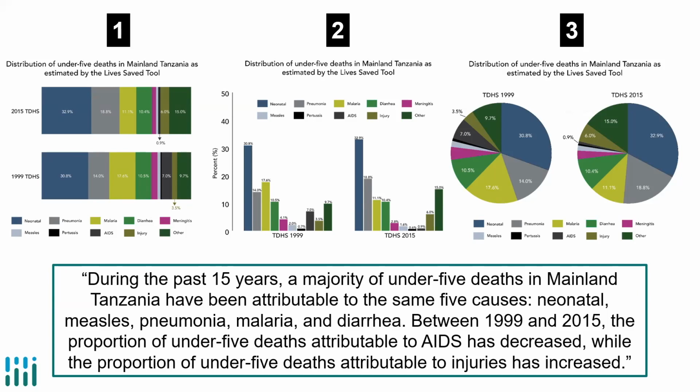In this scenario, we wanted to communicate the key message: during the past 15 years, a majority of under 5 deaths in mainland Tanzania have been attributable to the same 5 causes: neonatal causes, measles, pneumonia, malaria, and diarrhea. Between 1999 and 2015, the proportion of under 5 deaths attributable to AIDS has decreased, while the proportion attributable to injuries has increased. So that is our key message.